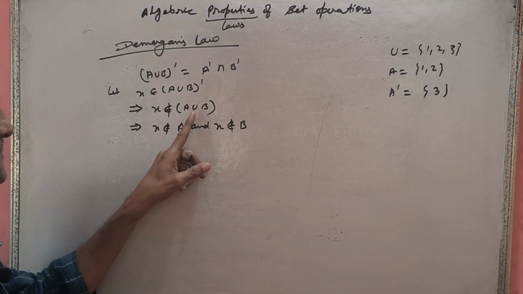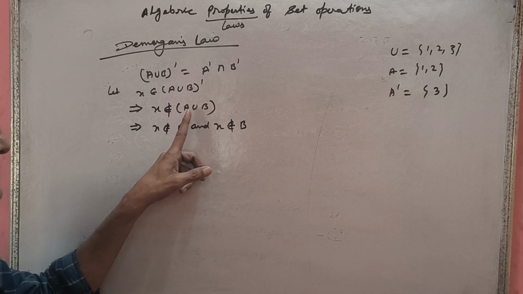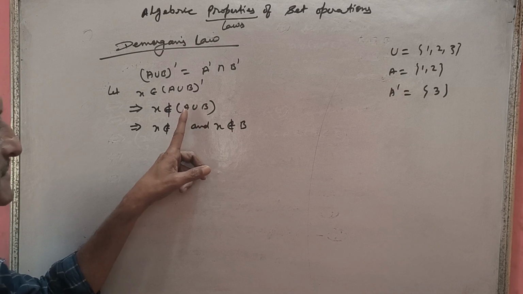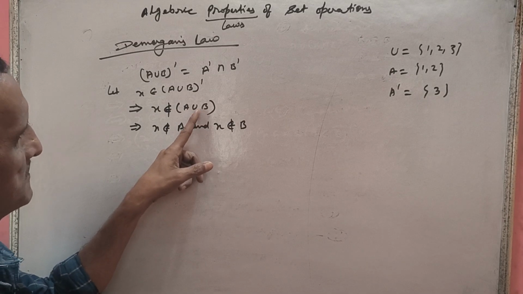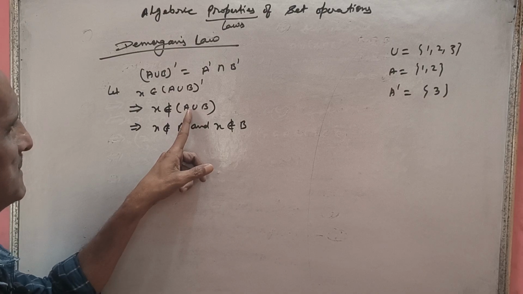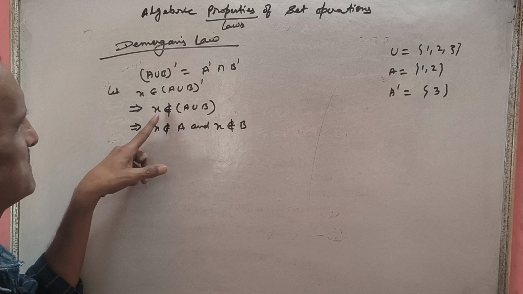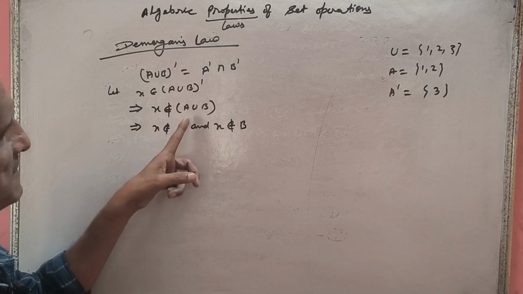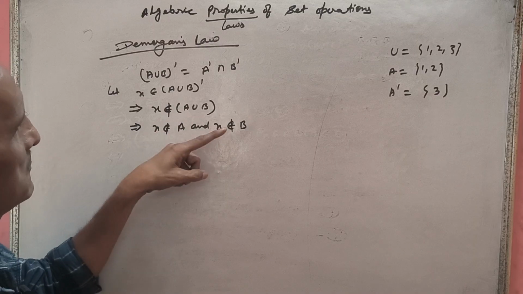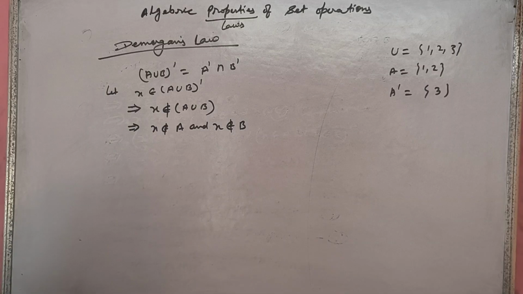Union means all, all means either in A or in B. If any element is in A, it may be in B, may not be in B. If it is in A, it must be in A union B. If X is not in A union B, it confirms that X is neither in A nor in B. That is a confirmation, and the confirmation is right. Clear?